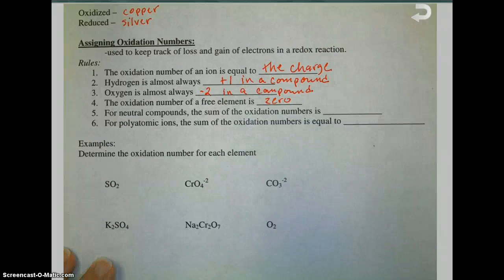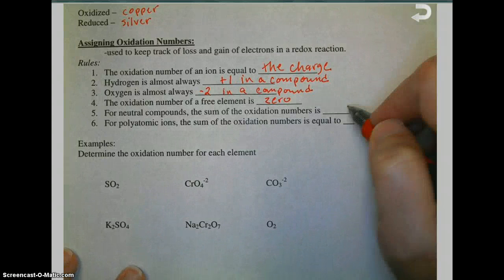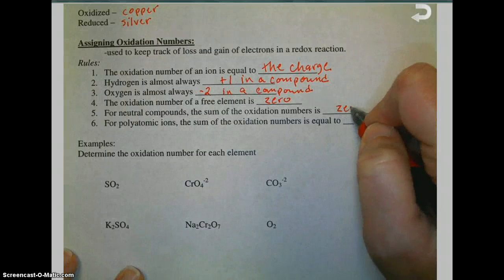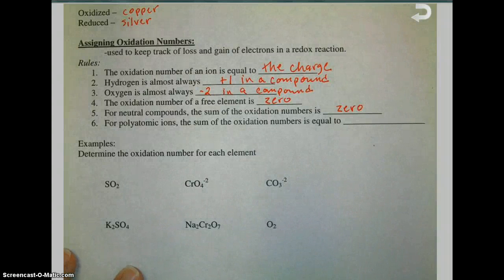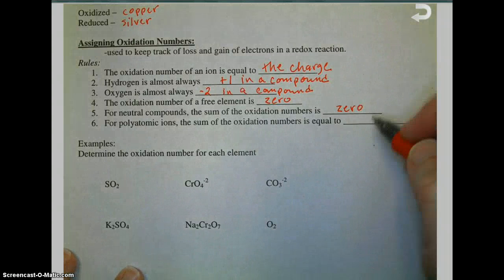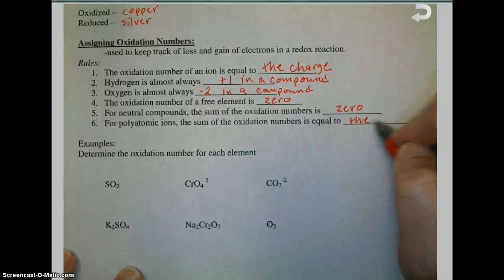Now that includes the diatomic elements. Okay, if it's oxygen gas, it's still a free element even though it's O2. Its oxidation number is still 0. For neutral compounds, the sum of the oxidation numbers is equal to 0. And for polyatomic ions, the sum of the oxidation numbers is equal to the charge of the ion.